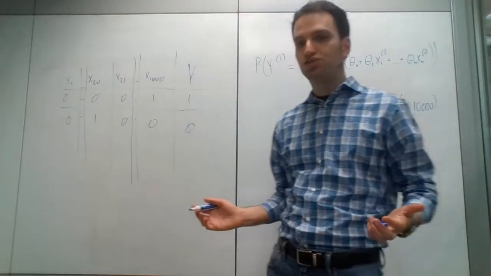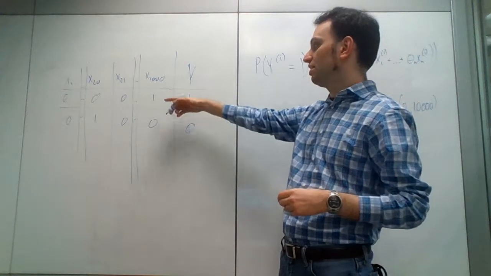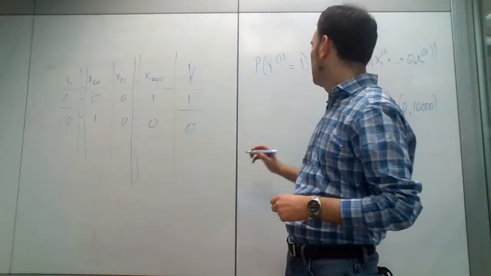Well, let's just write the log loss. Let's write essentially the likelihood of this data set. What is it going to be?